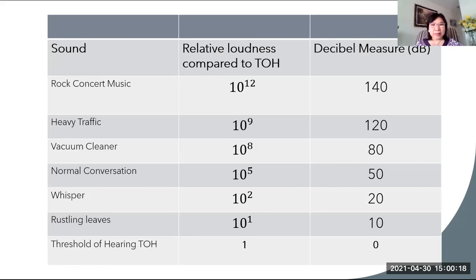On a windy day, if you hear the rustling leaves from the trees, this loudness represents about base 10 to the power 1, which is 10 decibel. And all of this is compared to the threshold of hearing of base 1 with the 0 decibel measurement.